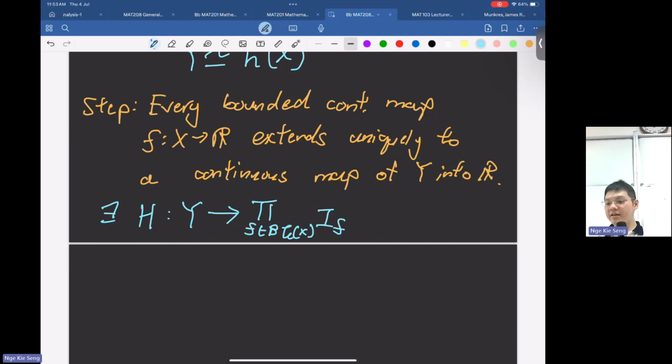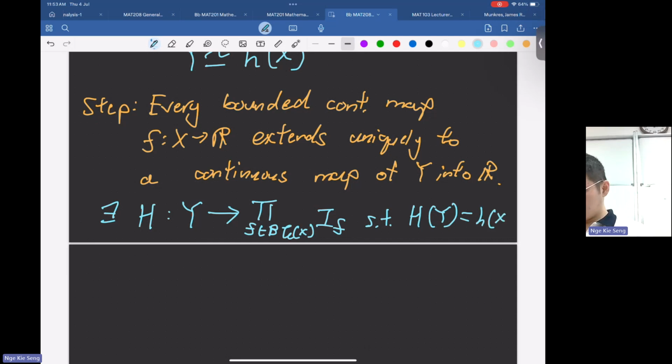So this embedding is exactly the one sending, write this down, such that H(y) is exactly equal to h(y). This embedding sends Y to this X bar.